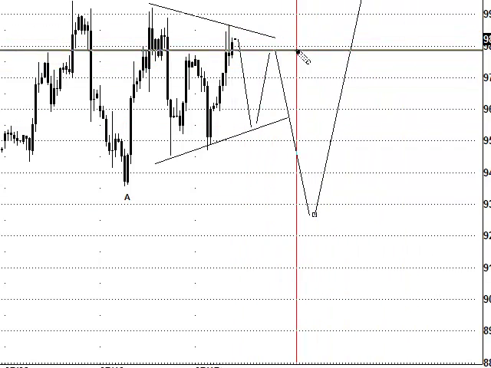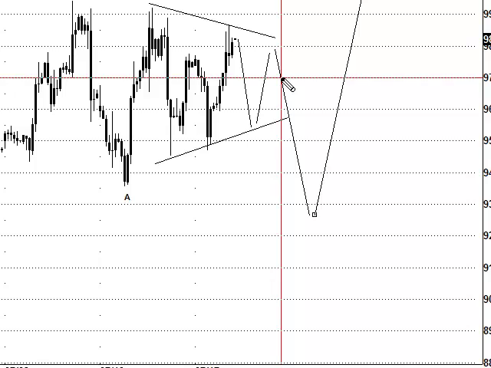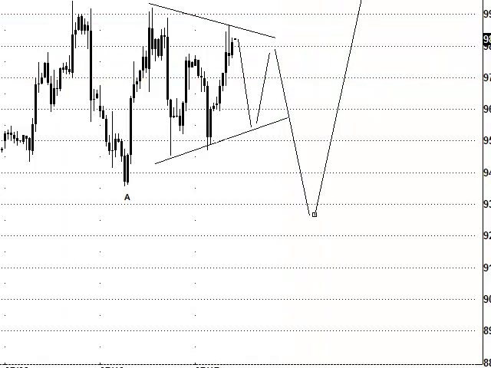This is the move that can take the S&P down, it can take the dollar higher. That's the move that we're foreseeing right here.